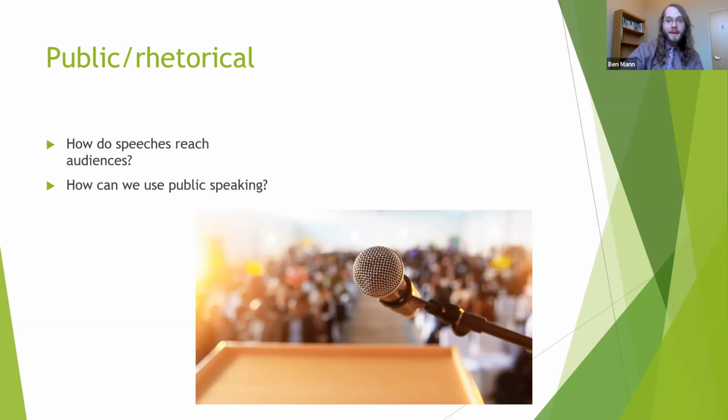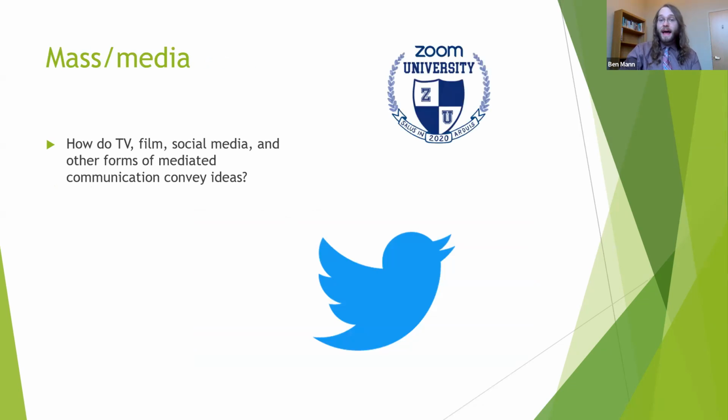He was very publicly trying to retaliate and respond to a joke against his wife. So regardless of where you stand on your opinion on that topic, it's an example of public and rhetorical communication. And then lastly, mass media, right? The way that we use things like Zoom, jokingly referred to in COVID as Zoom University, right? Twitter and other forms of media to communicate and share ideas.